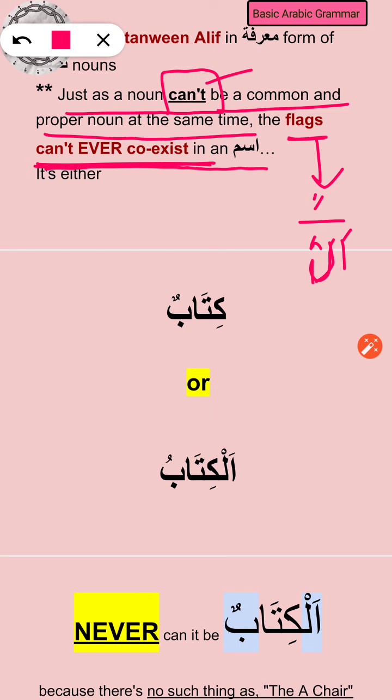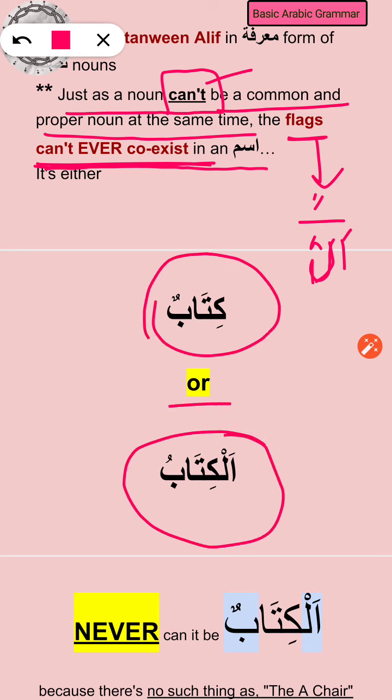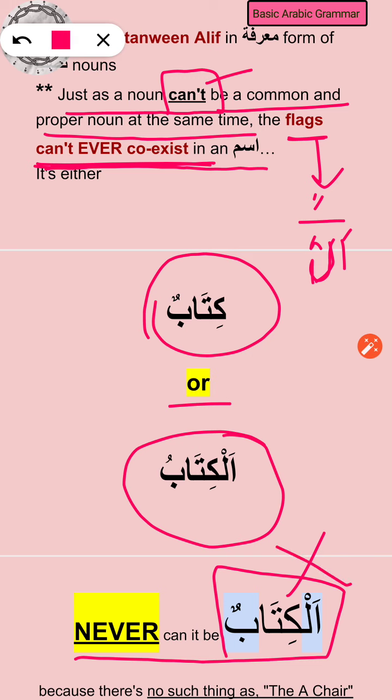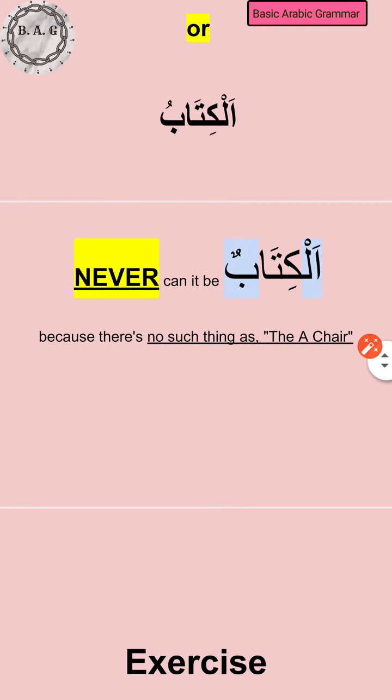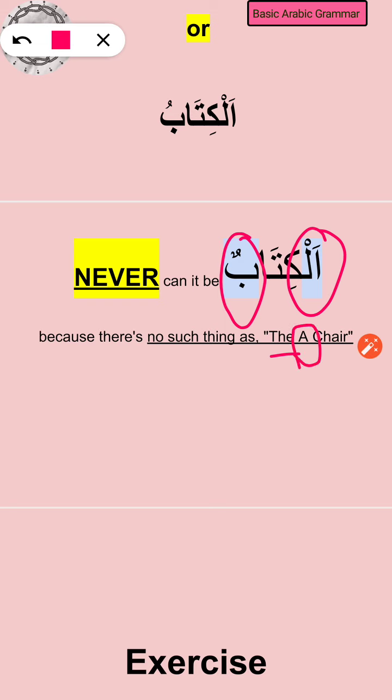So these flags can't ever coexist in an ism. It's either going to be kitabun or al kitabu. It is never going to be al kitabun, never ever, please. And why can't it be that way? Because there is no such thing as the chair, as I mentioned here. Please don't ever make this mistake.